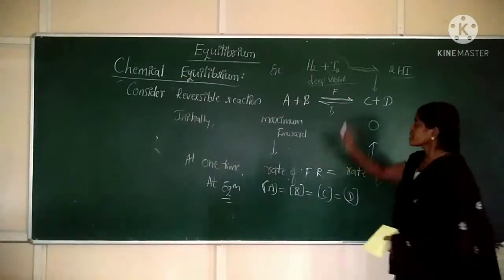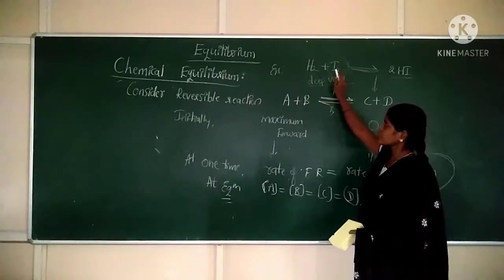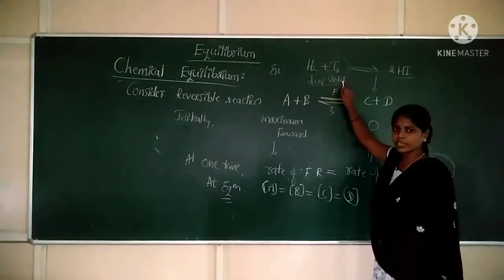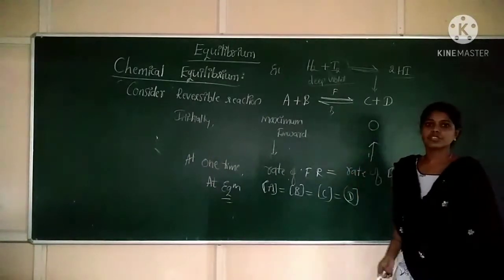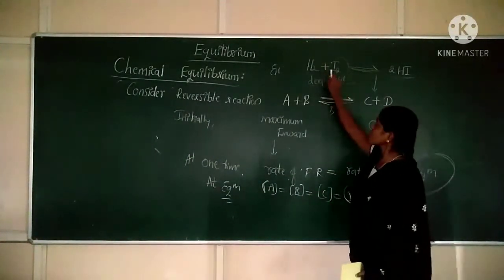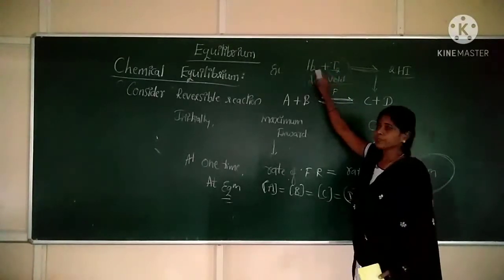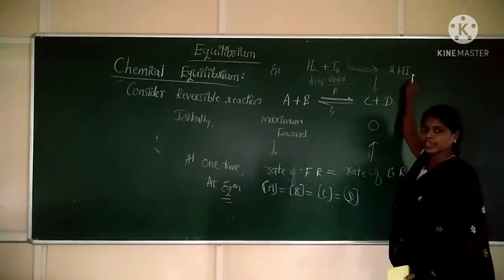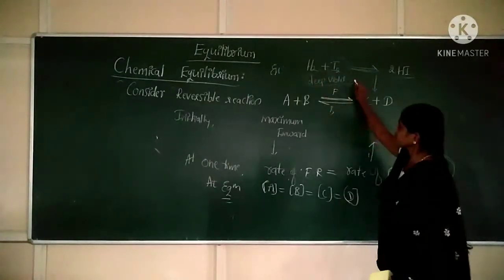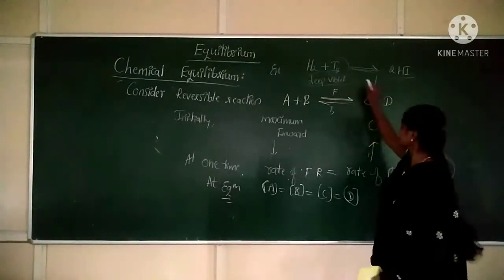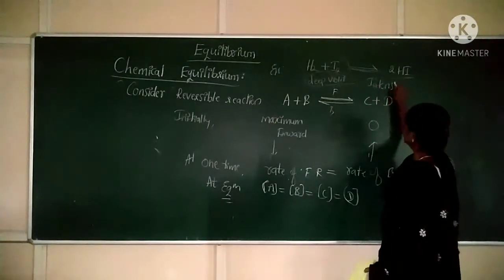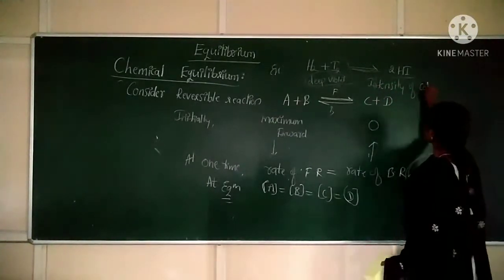Are you getting? Initially H2 plus I2, this reaction mixture will be deep violet in color. As the reaction proceeds, as time passes, more of I2 reacts with H2 and forms hydrogen iodide. As the time changes, the intensity of color decreases.